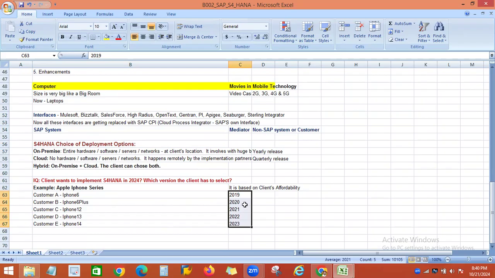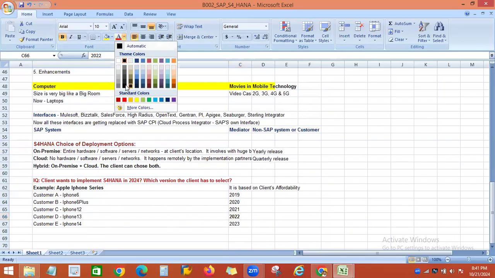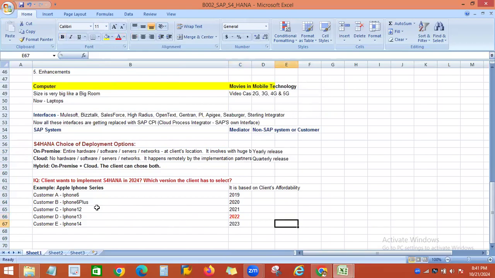Or which system should the client prepare? Guys, it is completely based on the client's budget. If they choose a lower version, they have to pay less. If they use a higher version, there are more updates and more features available, so the client will go for the higher version. It is completely the client's call. Probably nowadays systems are being prepared on 2022. Most clients are using 2022.